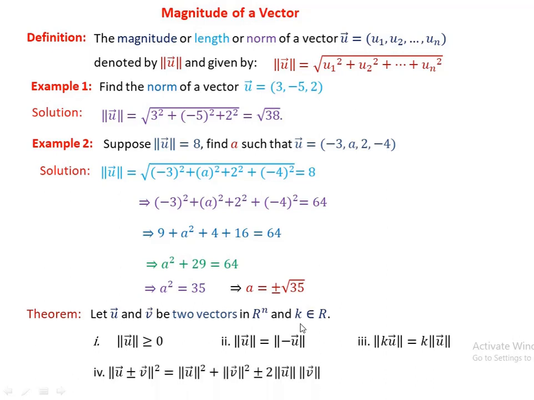The norm of (u + v) the whole square equals norm of u square + norm of v square + 2 times norm of u times norm of v. For the minus case, the norm of (u - v) the whole square equals norm of u square + norm of v square - 2 times norm of u times norm of v.